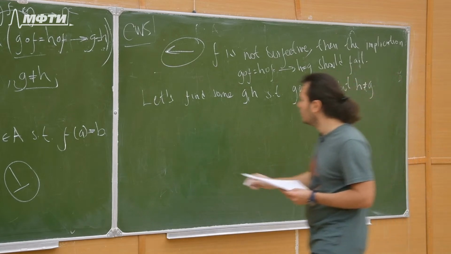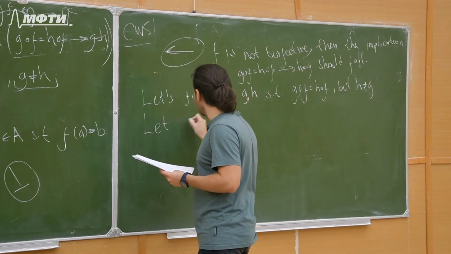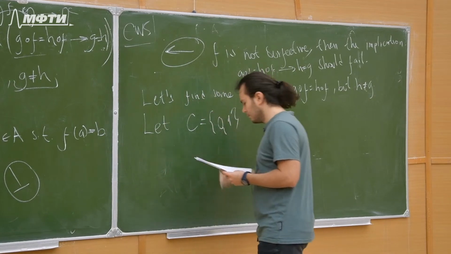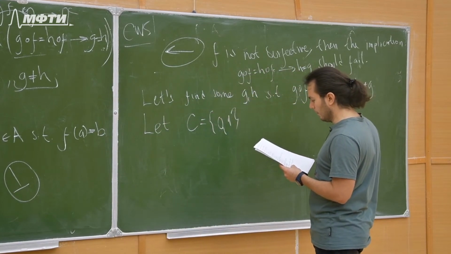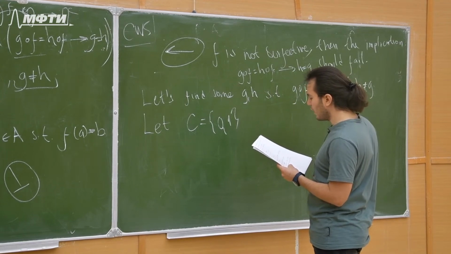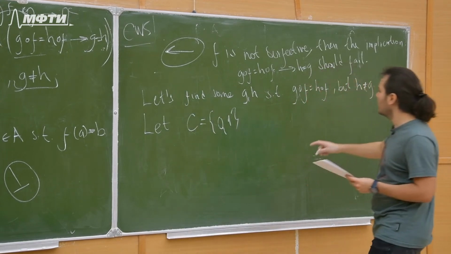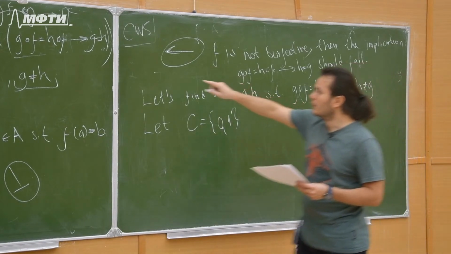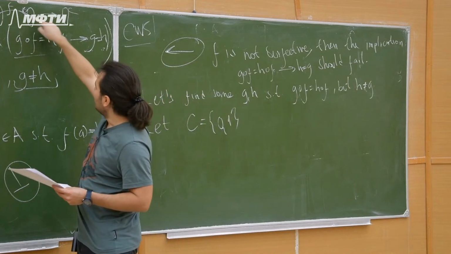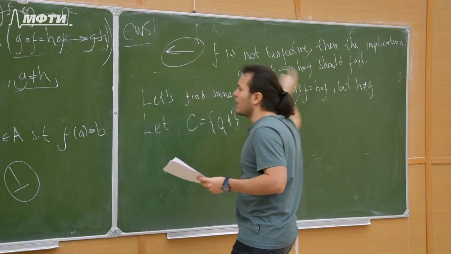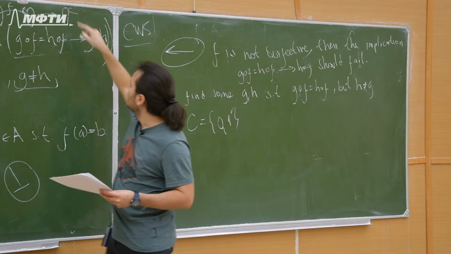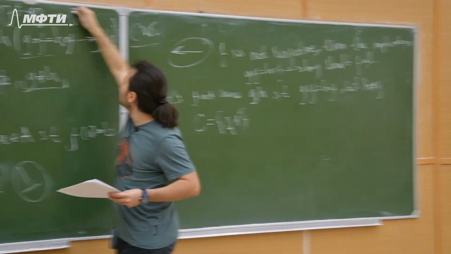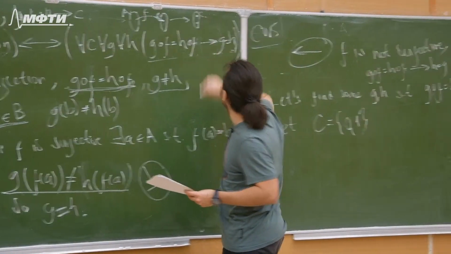So let's take C to be equal to the set of 0 and 1. Okay, and now again here we have that F is a function from A to B, and G and H are functions from B to C, right? So we have that C is 0 and 1, so we only have two elements here, 0 and 1.